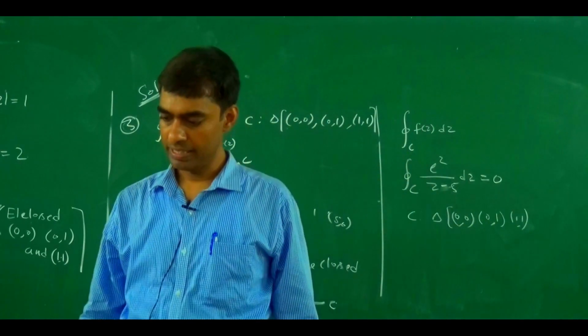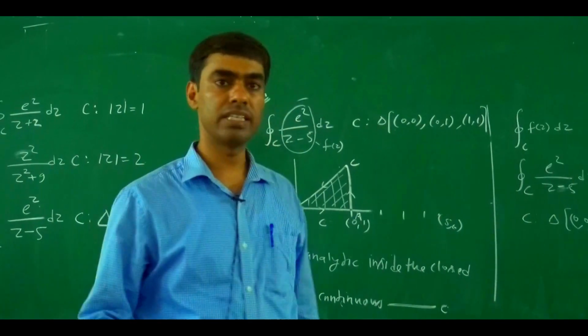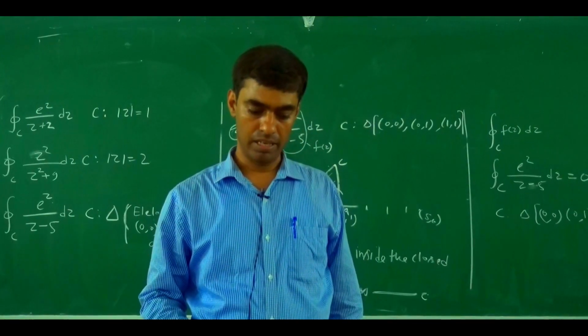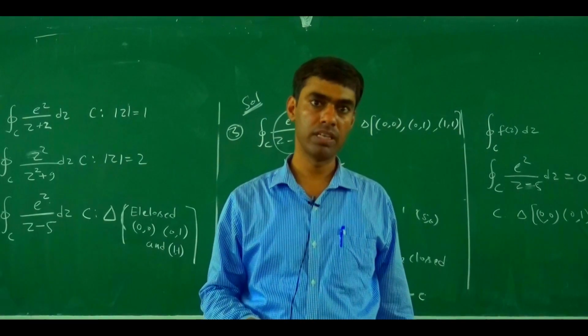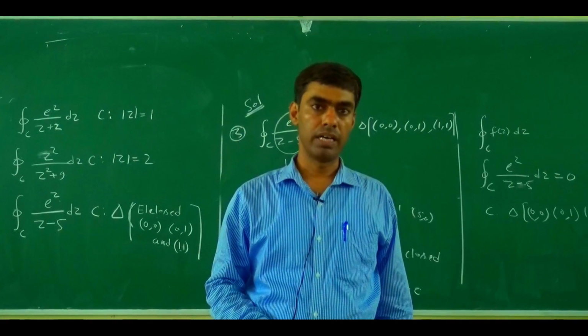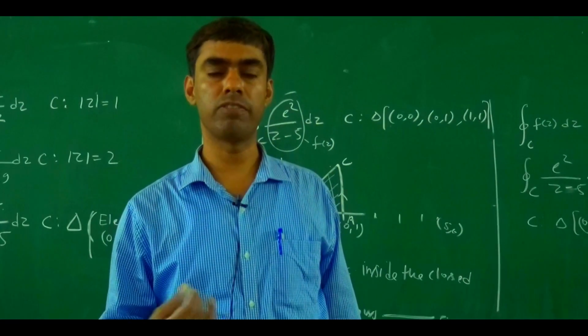So these are some examples of how we find the value of contour integration using the Cauchy integral theorem. If some values lie inside the closed curve C, then what will happen? In the next lecture we discuss the Cauchy integral formula.